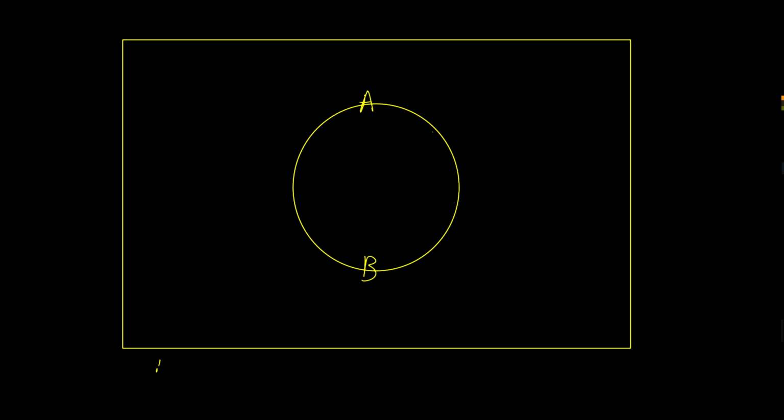And so I can say set A is equal to set B, and A is a subset of B, and B is a subset of A. And so this is what equal sets would look like.